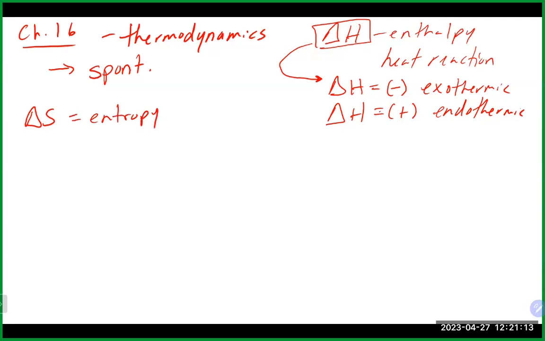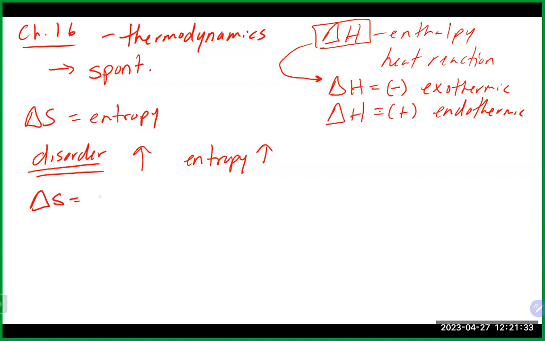So one other thermodynamic property that we started talking about is delta S, which is the entropy. And the entropy measures the amount of disorder, is one way to look at it. And as the amount of disorder starts to increase, what we see is the entropy will increase. And the result of that is our delta S will end up being a positive value.